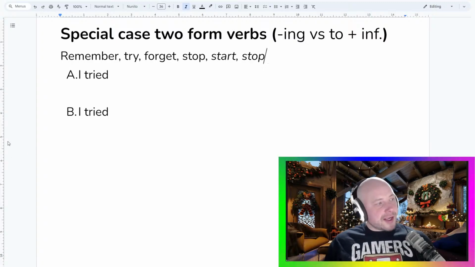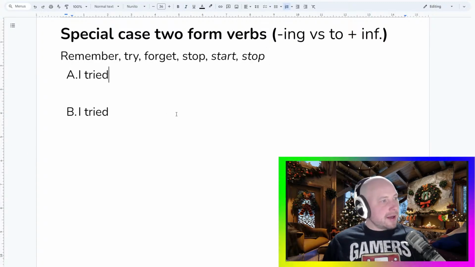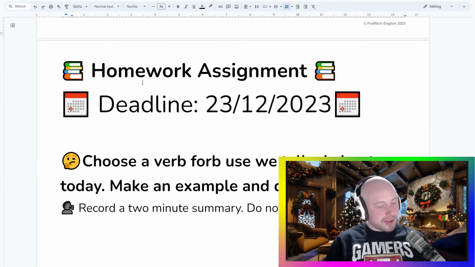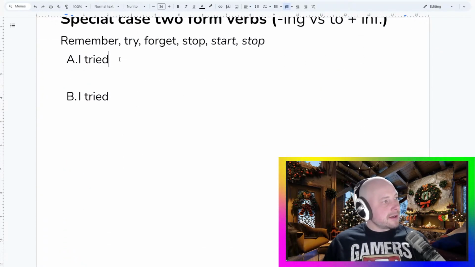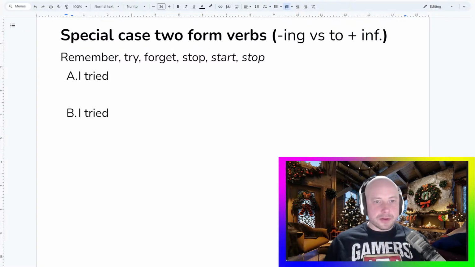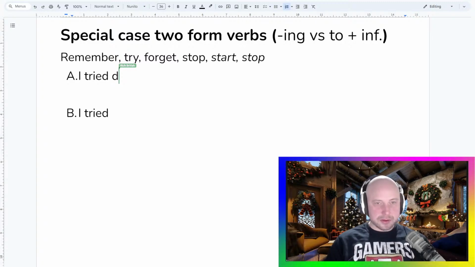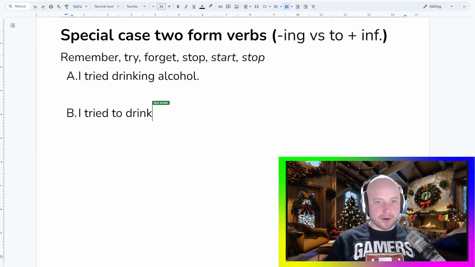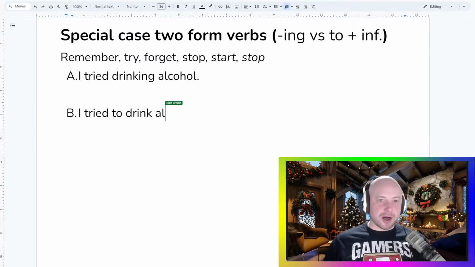I tried to stop drinking alcohol. Great. Okay. We'll keep the forms consistent. So we're going to say I tried drinking alcohol and I tried to drink alcohol. Oh, wait. It was supposed to be to stop, wasn't it?